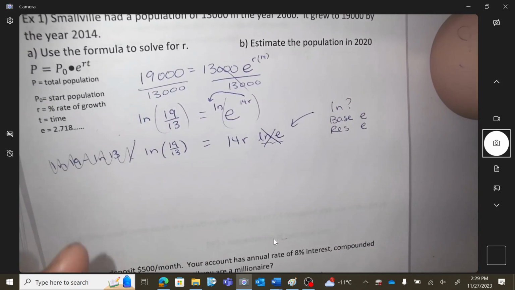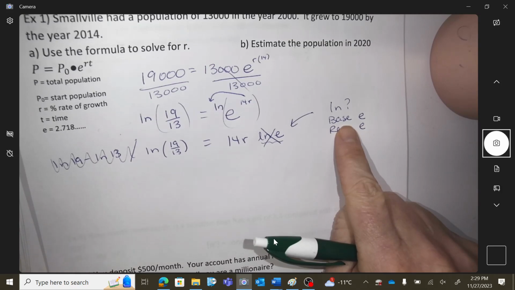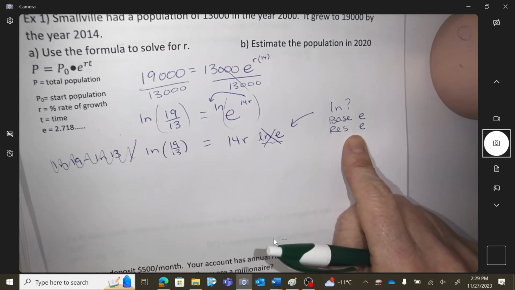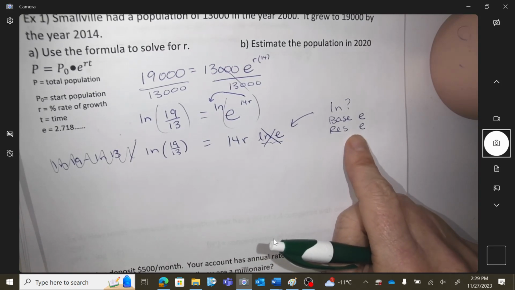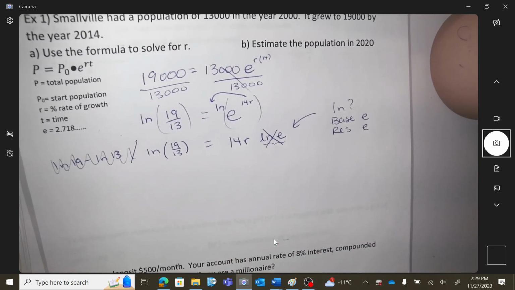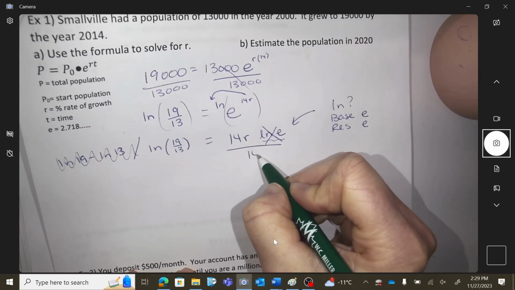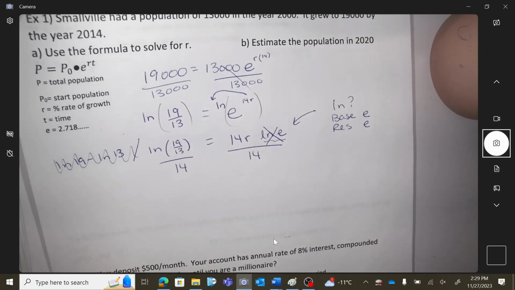The value of that is 1 because it has a base of E, because remember that's the secret base of the ln. Base of E, result E, therefore that has an exponent value which is just 1. So I'm just going to cross it off because I don't need it. So how do I get R alone? Divide by 14.